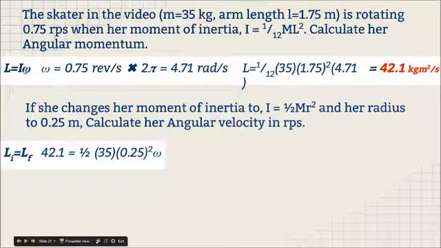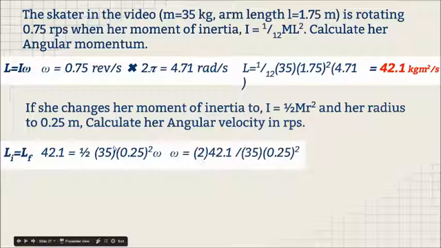Remember that we're getting I omega, so that's the I part, and omega is what we're calculating. We multiply both sides by 2, then divide by 35 and divide by 0.25 squared. When we do this calculation, it comes out to 38.5 radians per second.